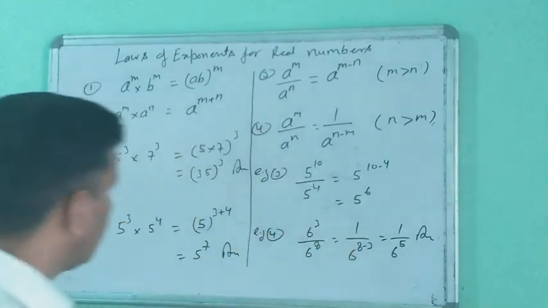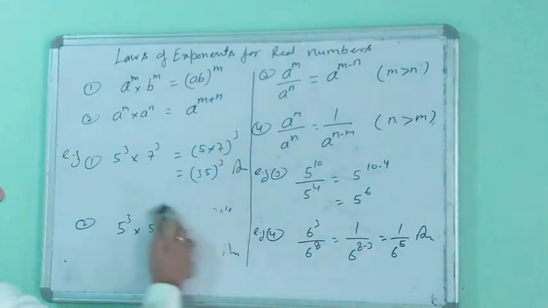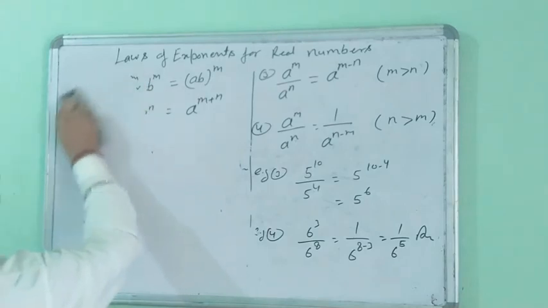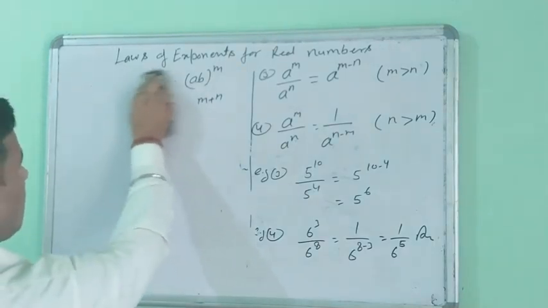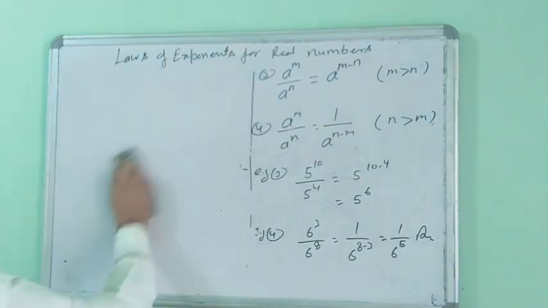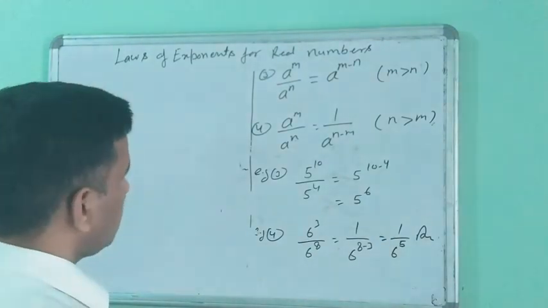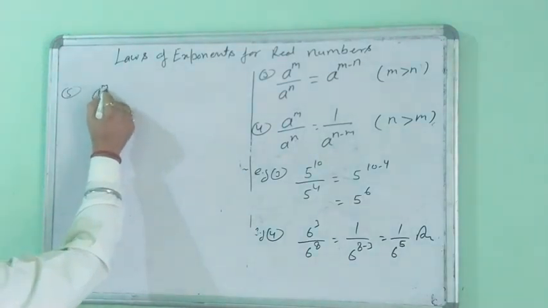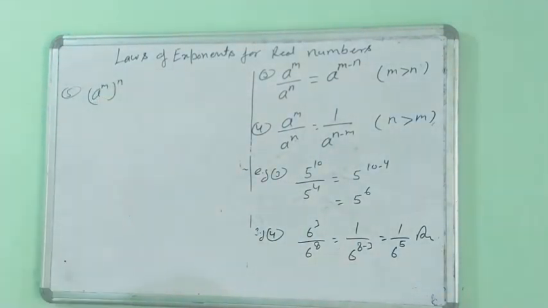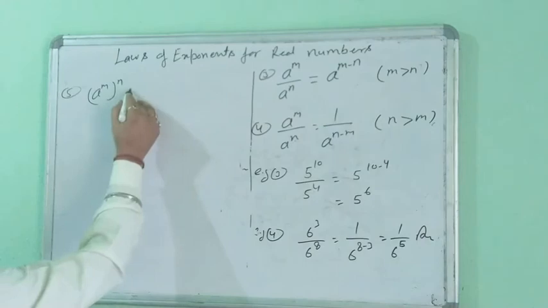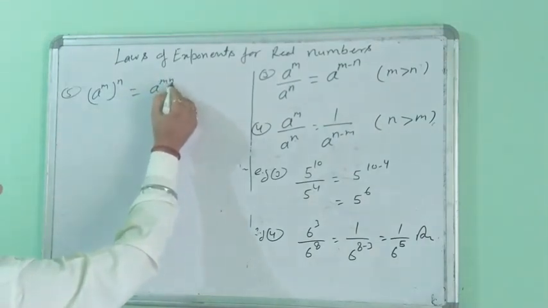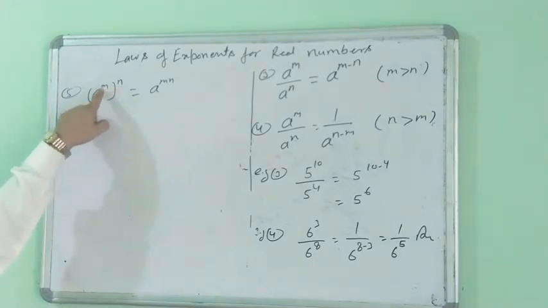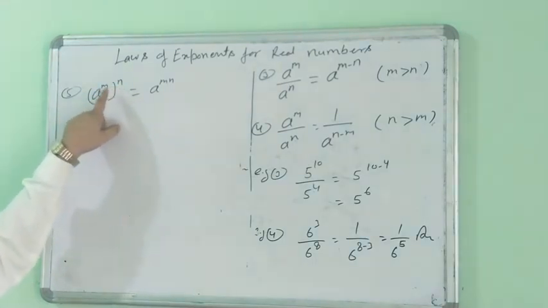Yes, student. After that, one more rule here. Suppose rule number 5th: a exponent m whole exponent n in this form. Then you will write here a exponent mn. Means double power, m and n different powers here, then you multiply both the powers, m into n.